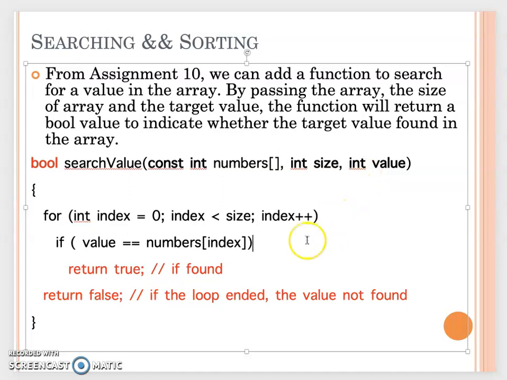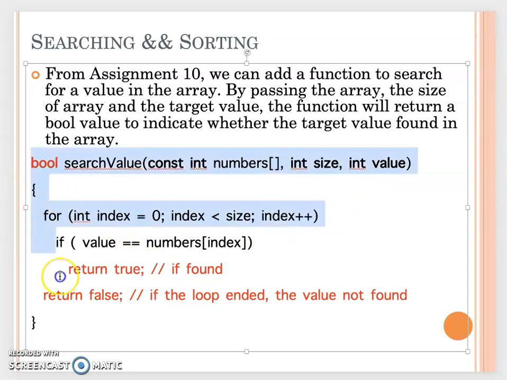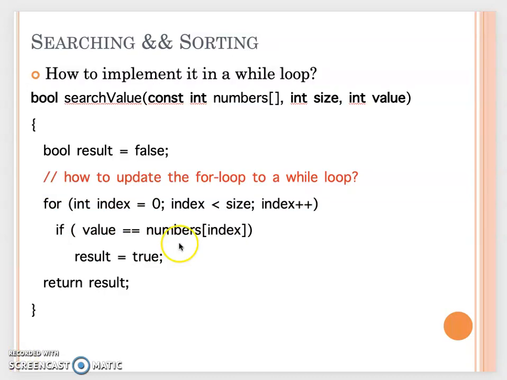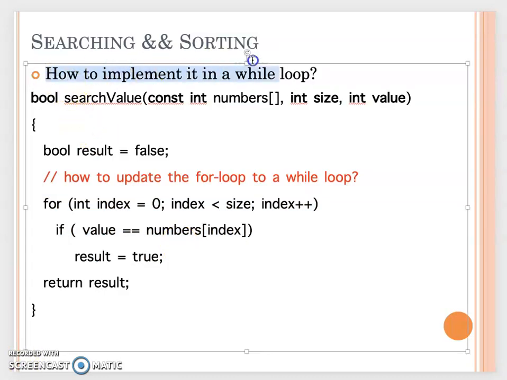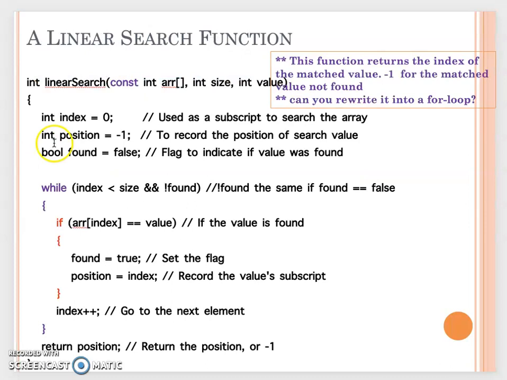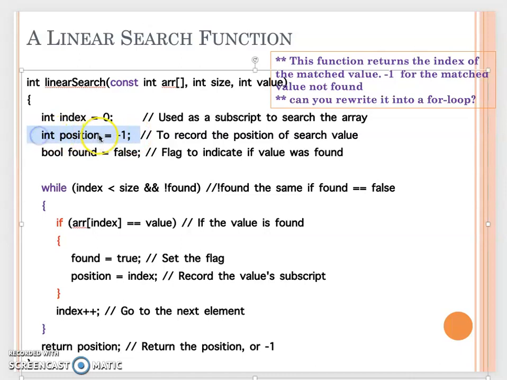On the other hand, can you implement this similarly, returning the bool, but using the while loop? Continue from before, where we used the while loop. At that time we still had the index, and at that time I needed to know the location, so I had the position.